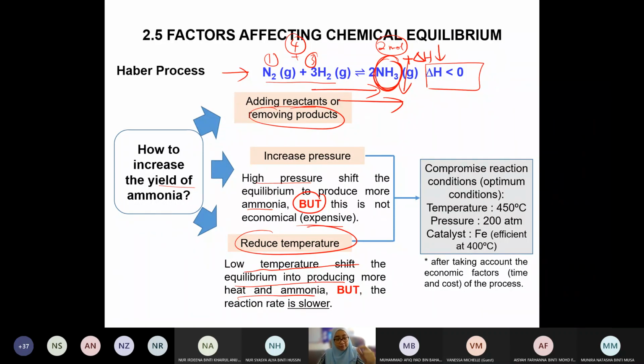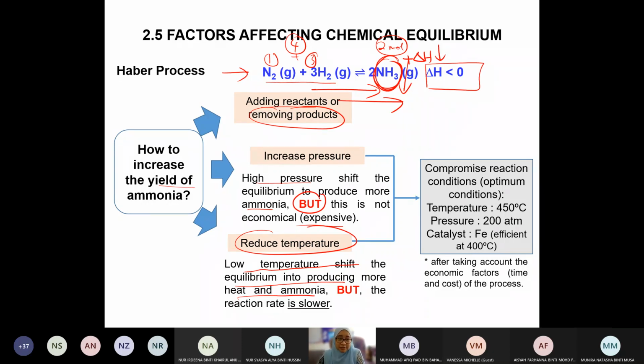Okay, temperature affects the rate. The higher the temperature, the higher the rate. Betul tak? But now we are talking about decreasing the temperature. Memanglah dia increase the amount of product produced. Tapi since the rate is very slow, you imagine rate tu sangat slow, it will take forever.